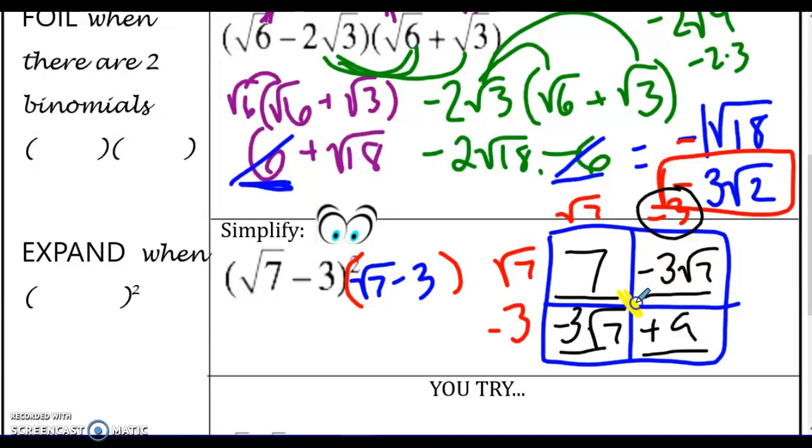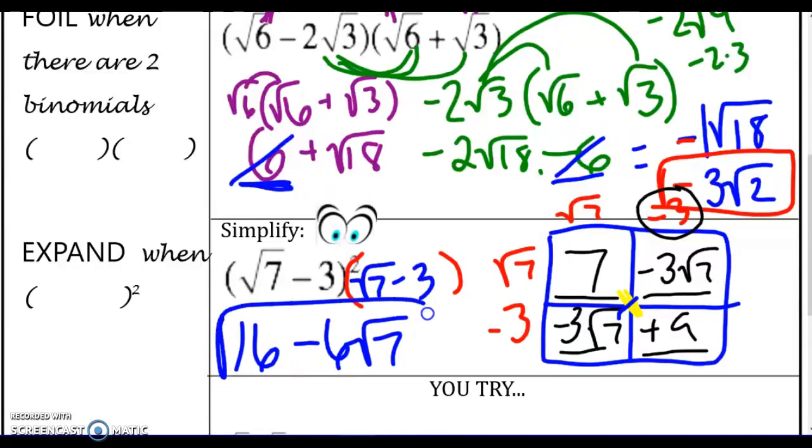These two can go together. 7 plus 9 is 16. And negative 3 root 7 plus negative 3 root 7 gives me negative 6 root 7. Can I simplify that? Nope. That's as good as it gets.